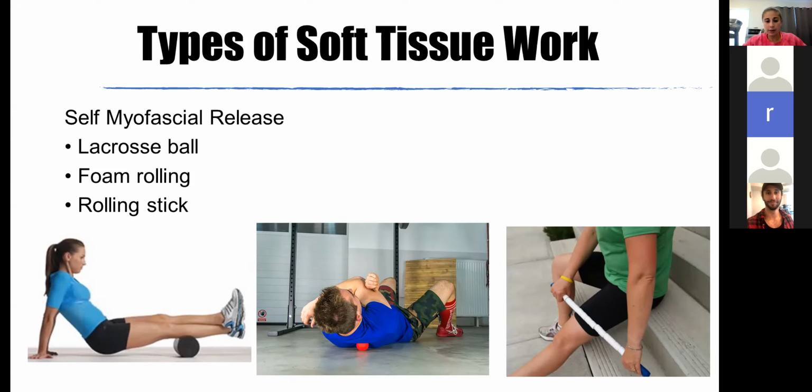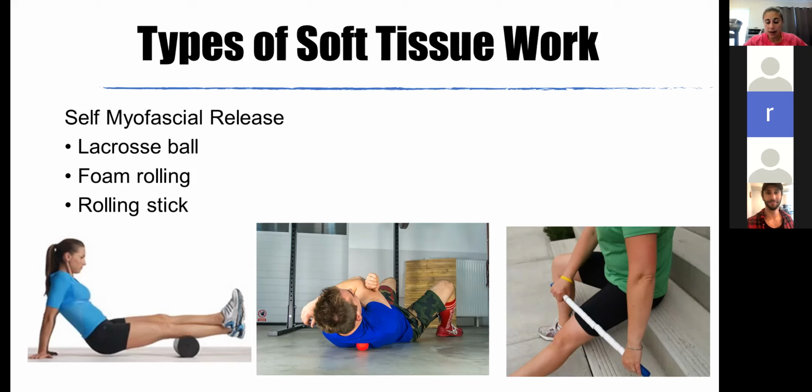This one is similar to the foam roller, but you can actually control the pressure that you apply on that specific area, whereas on the roller, it's your body weight. You can only take off so much weight, and then it might still be too much, right? Whereas with the stick, you can push as hard as you want. A good thing about the stick as well is you can get into certain areas that are really harder to get with the foam roller.